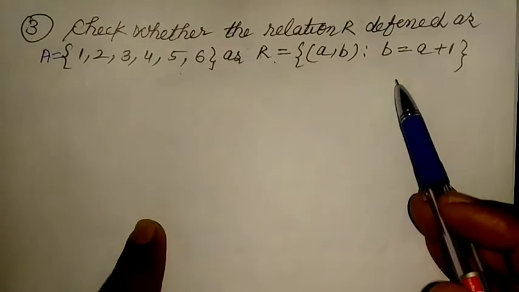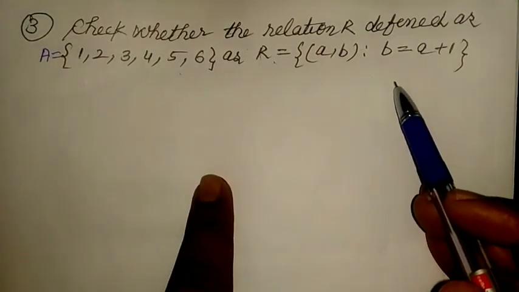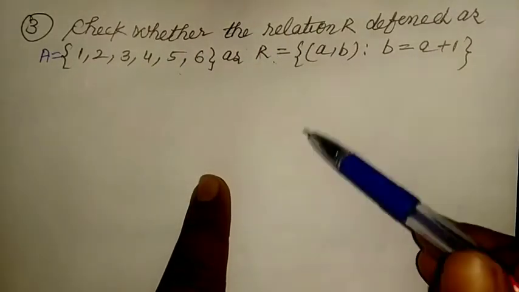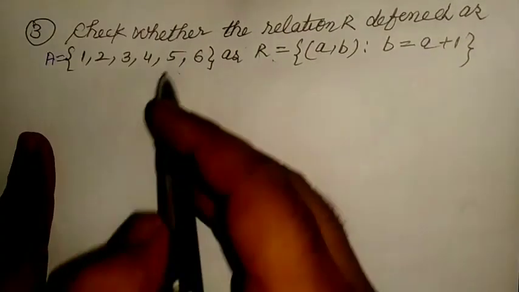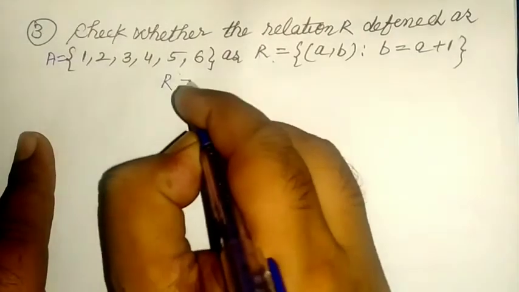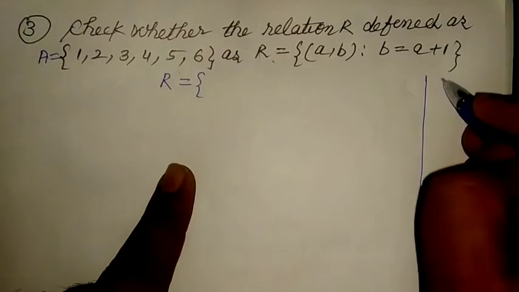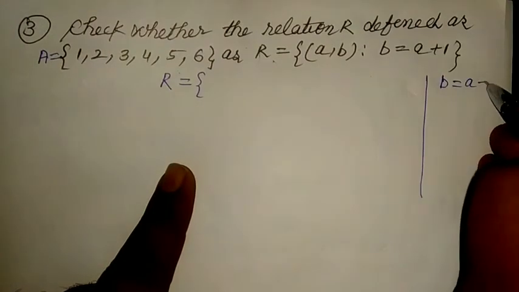So we need to check whether it is reflexive, symmetric or transitive. First convert it into roster form. Here b = a + 1.